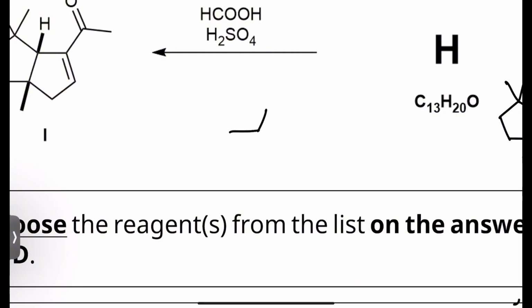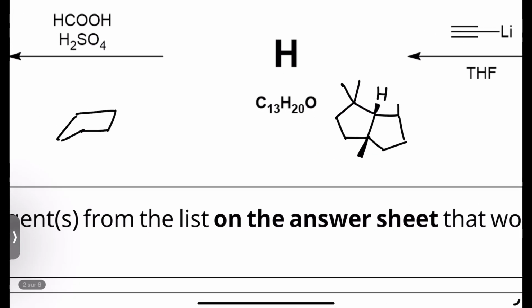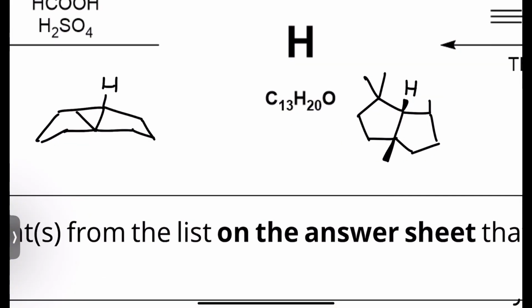Now we also have H up here and a methyl group right there. It's not accurate, but similar to something like this. And then we have our carbonyl right here, right?